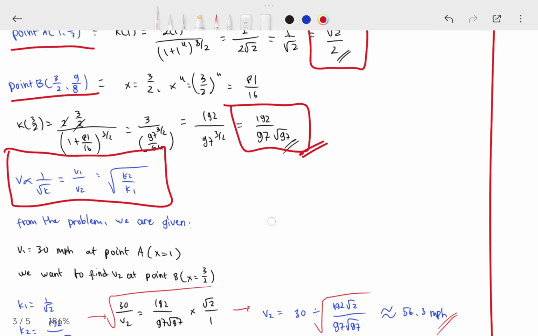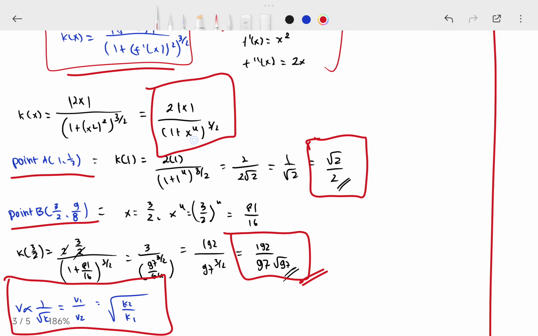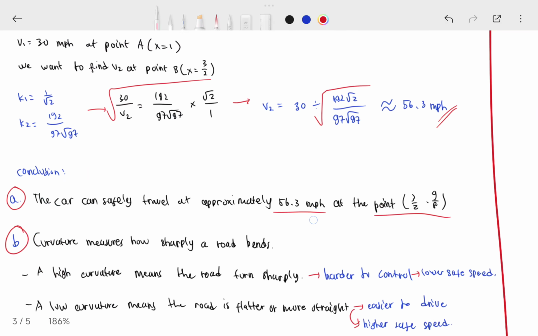Why don't we use y? Because there is no y in the formula, so we just operate on x.